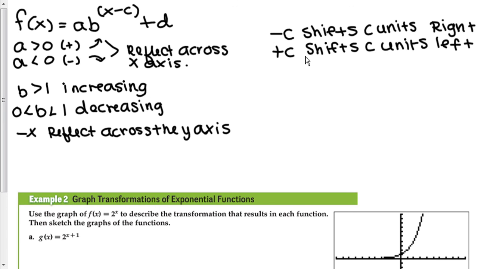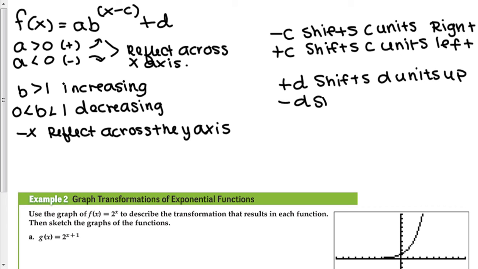Finally, d. For a plus d, our graph shifts d units up. For minus d, our graph shifts d units down.